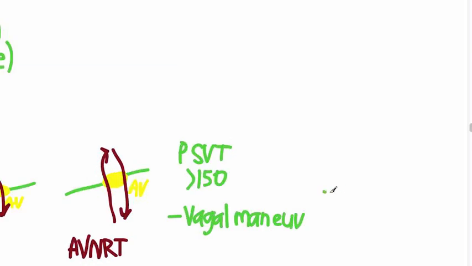Now contrast that with a reentrant cycle that is entirely outside of the AV node. Vagal maneuvers, which would slow down conduction through the AV node, would have no effect in this kind of loop.